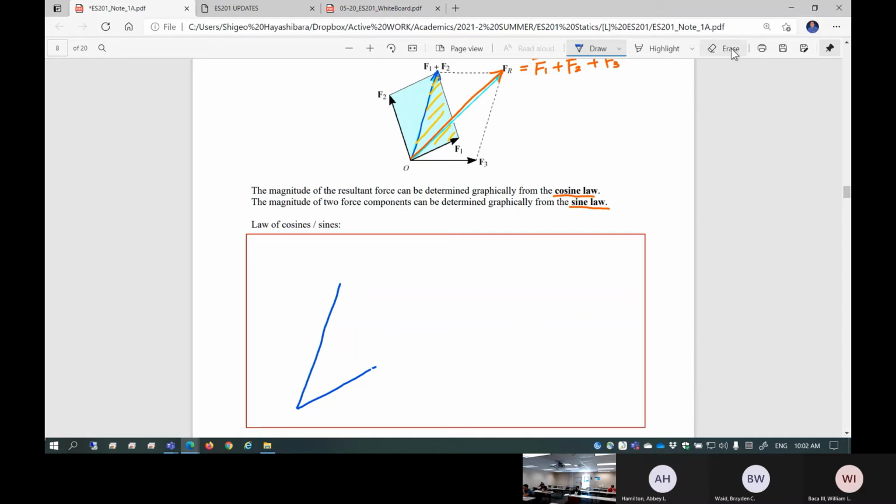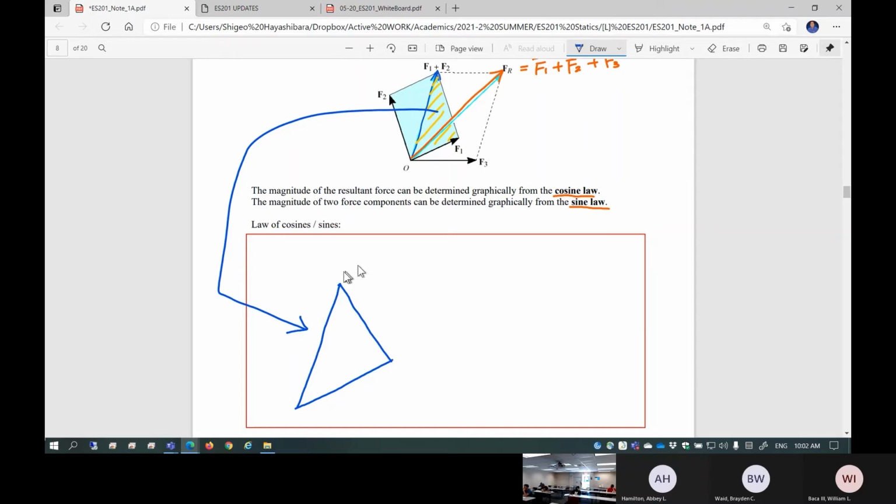I always struggle with this device. It's easier to do that on a piece of paper with a straight edge. So this is the triangle I just picked up from here.